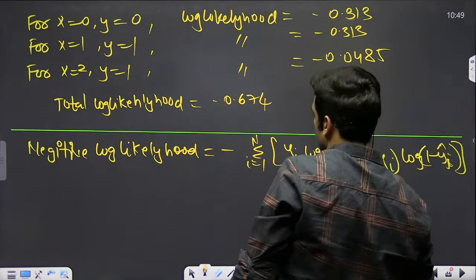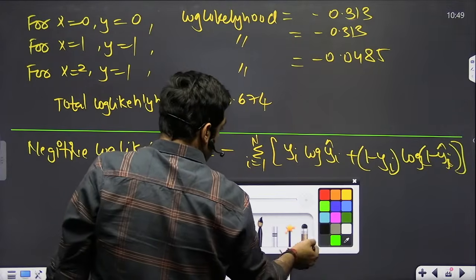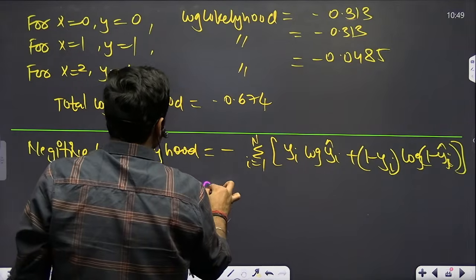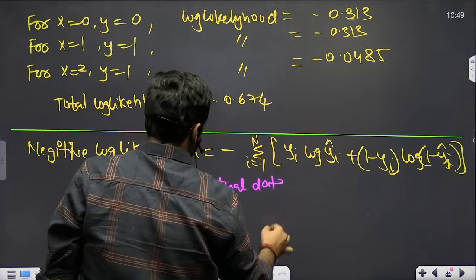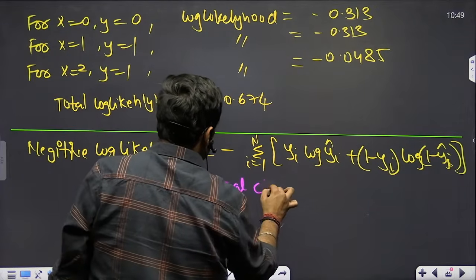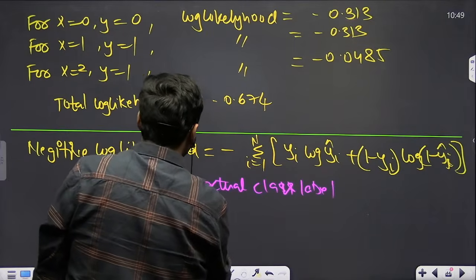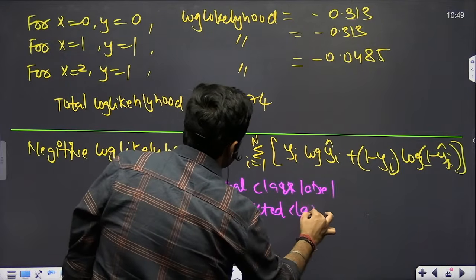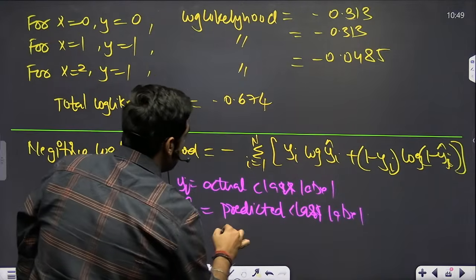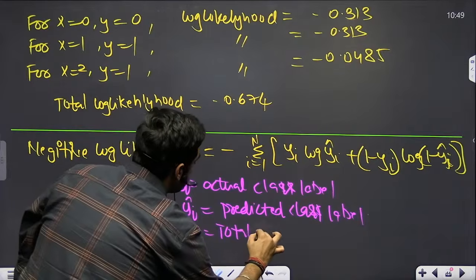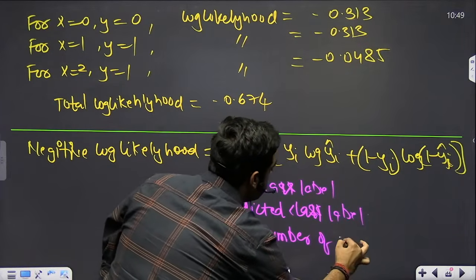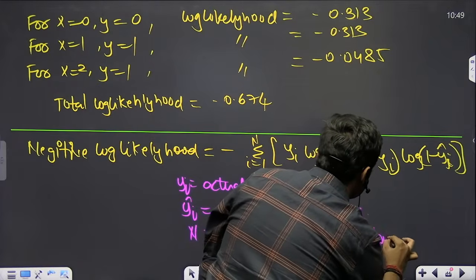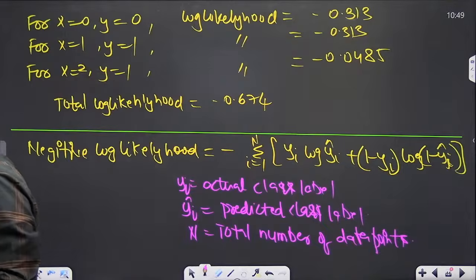This is the formula for negative log likelihood, where yi is the actual class label, yi hat is the predicted class label, and n is the total number of data points. Just a negative would be added.